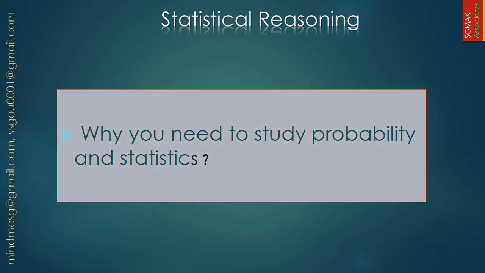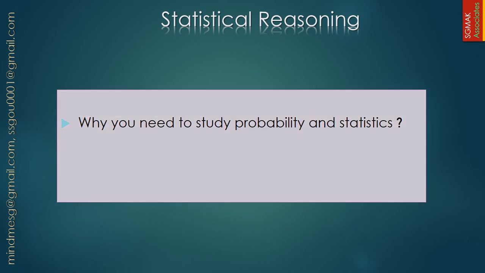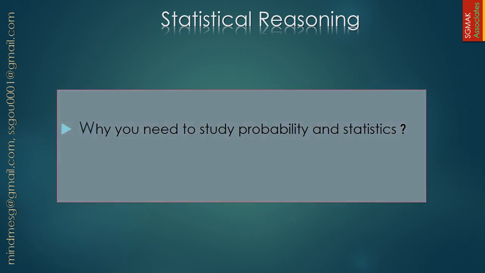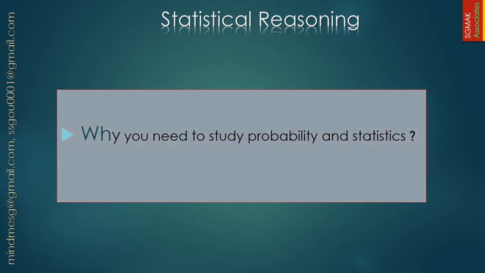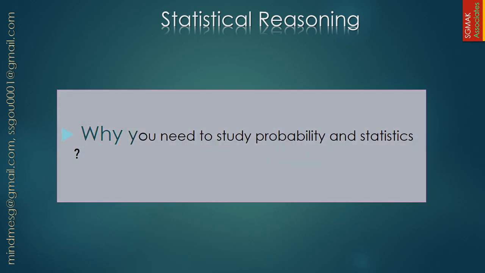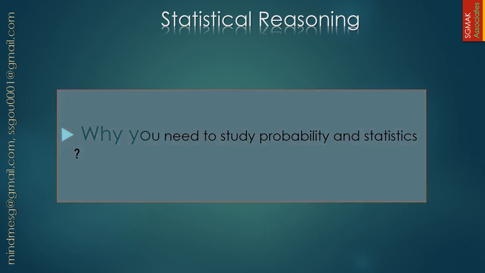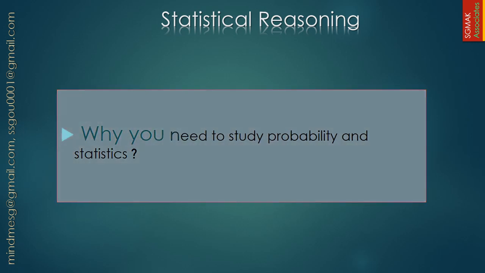So any real world process that is affected by uncertainty is represented by a random variable. Demand for a product is a random variable, and a random variable could be either discrete or continuous in nature.